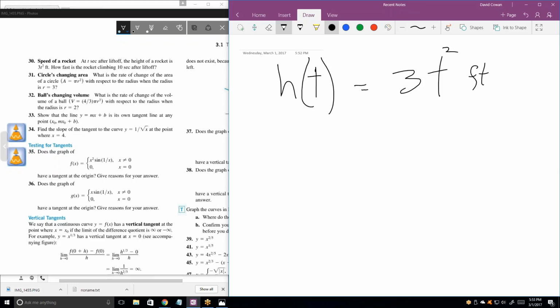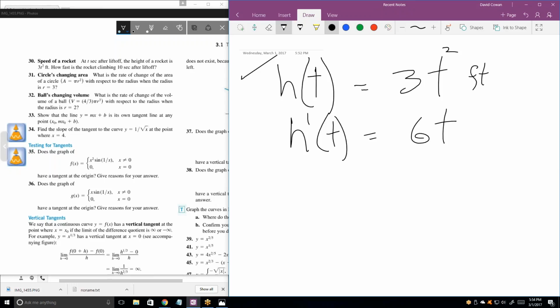So how do you get the velocity function from the position function? This is a position function right here. When I say height, it's position on a vertical line. So the derivative. So take the derivative, always, as the first step. What's it equal to? 6t feet.